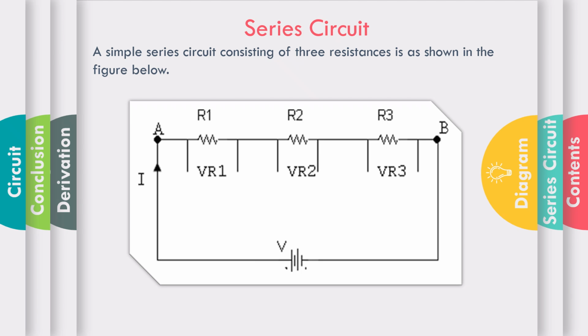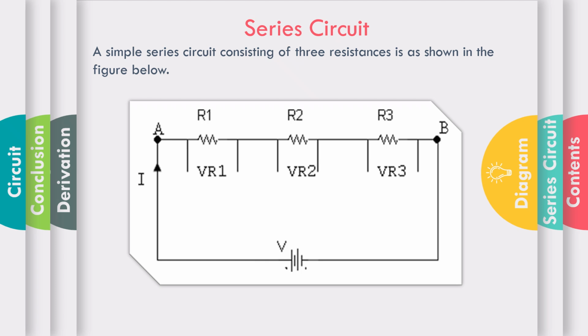The circuit elements are connected end to end, meaning what? The ending point of the first resistance is connected to the starting point of the second resistance. That means an end to end connection. Similarly, the ending point of the second resistance is connected to the starting point of the third resistance.